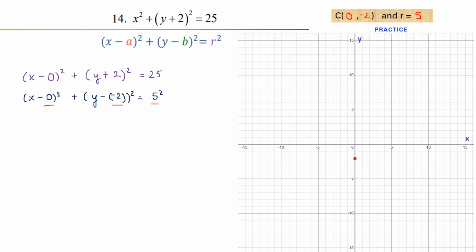This is our C. And from that C, we count up 5 units, and then we count to the right 5 units, left 5 units, and then down 5 units. Now we can connect those points to make a circle.